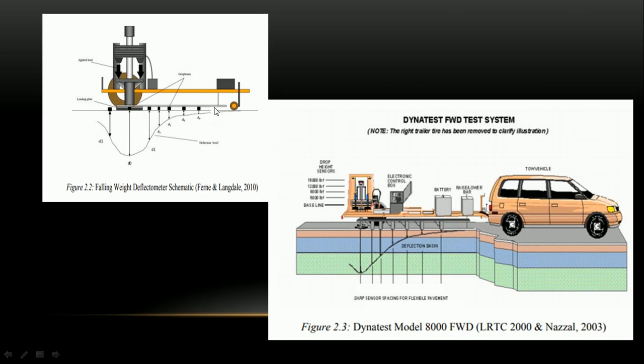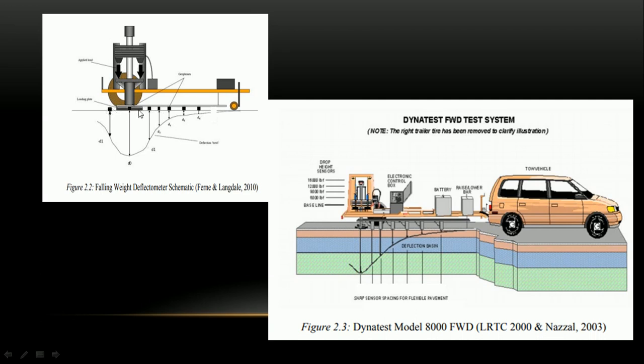The geophones may be placed in the forward direction of the loading system, or in the backward direction. You can observe D1 here, D0, D2, D3, D4, the geophones at different radial distances, and this is the entire loading frame.